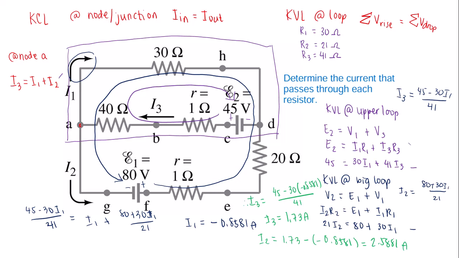So based on our initial, so using upper and big loop, I1 is 0.8581 amperes. I2 is 2.5881 amperes. And I3 is equal to 1.73 amperes.